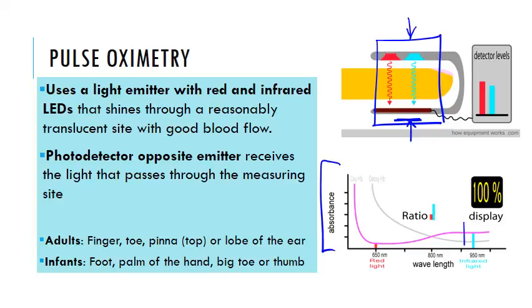This ratio of red to infrared light is translated into a saturation number, as we can see here, where we have a small amount of red light and then a high amount of infrared light, and this ratio the computer calculates is equivalent to 100% peripheral saturation, or hemoglobin saturation, for example.